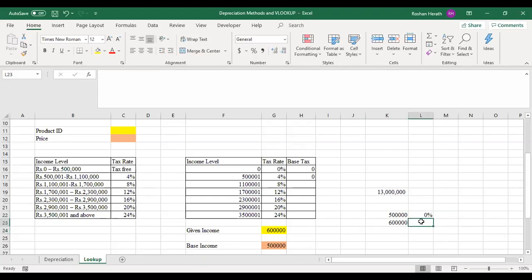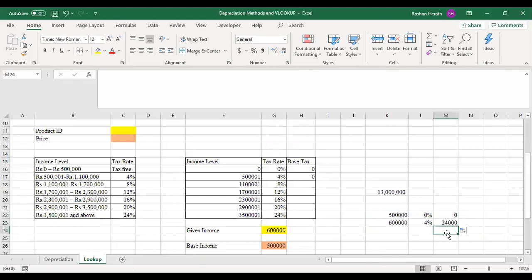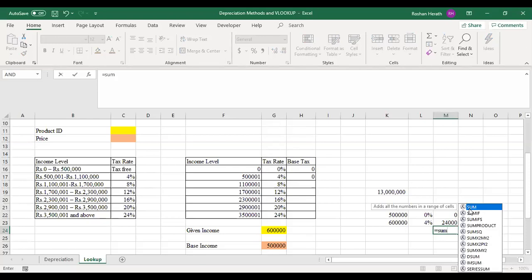For that 600,000, I must be getting 4%. Then the summation of this is going to be the base tax of that person. So you can simply multiply that, drag it, and accordingly you can get the summation. In this instance, it is 24,000.